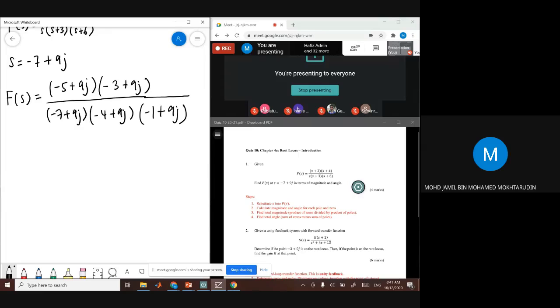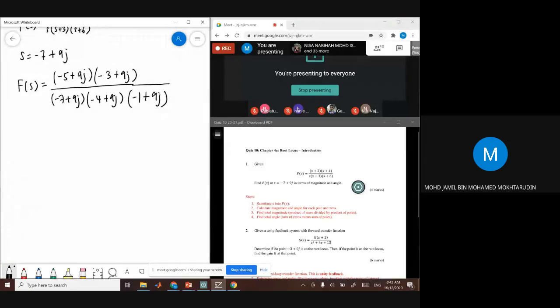Okay, so the next step is to calculate the magnitude and angle for each pole and zero. After you substitute s, you need to find the poles and zeros. Here the numerator and denominator are already factorized, so you don't need to worry much, meaning that you just take the value in each of the brackets as your pole and zero.